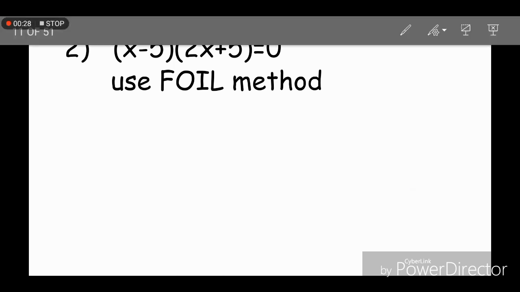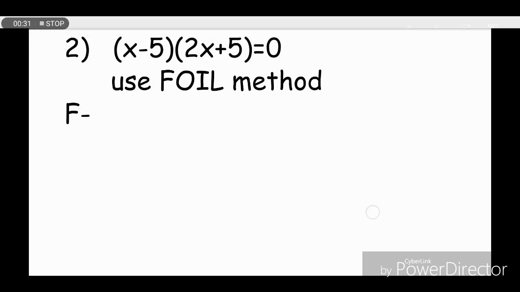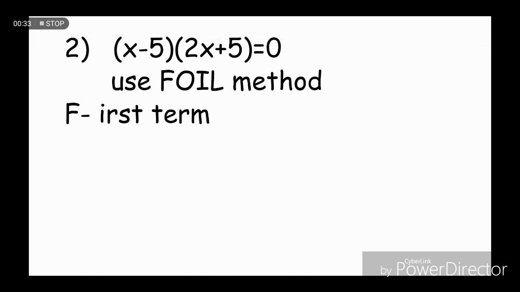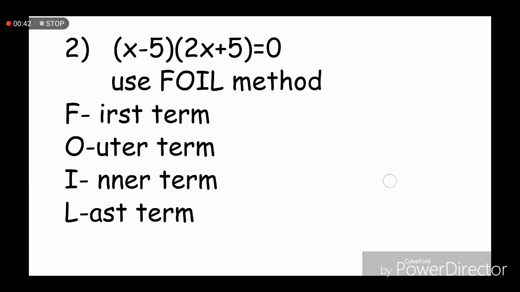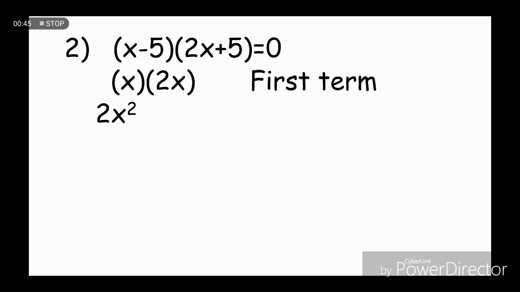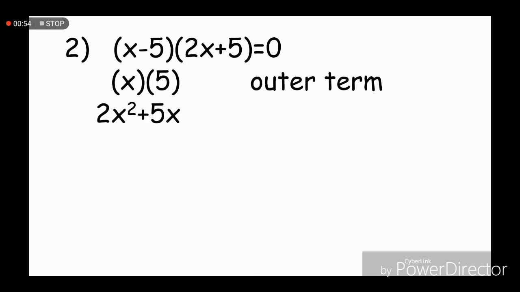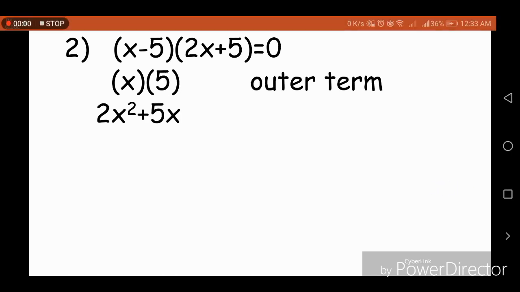In the FOIL method, we have F for the first term, O for the outer term, I for the inner term, and L for the last term. For the first term, we multiply x times 2x. The answer is 2x squared. Next, for the outer term, we have x times 5, which is 5x.